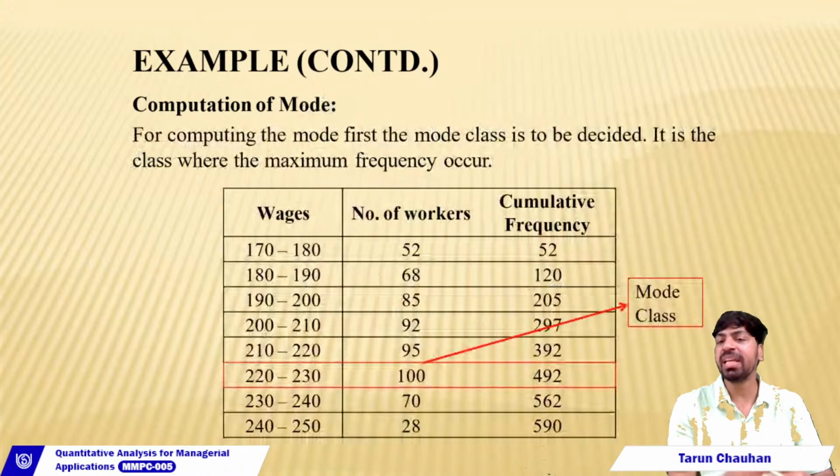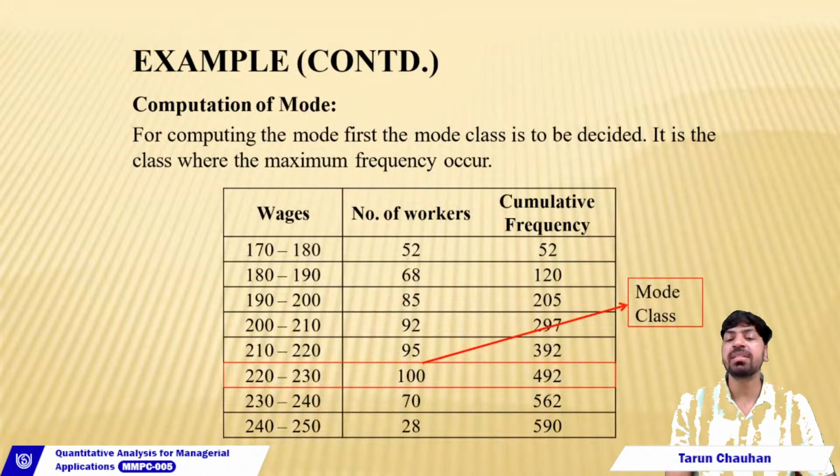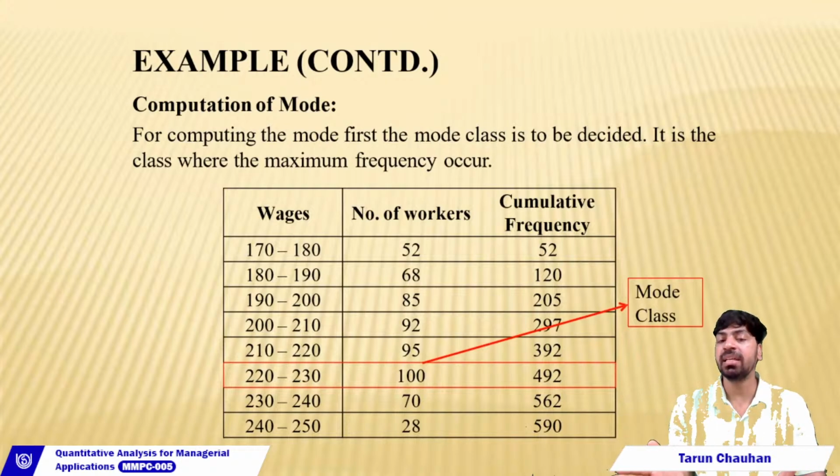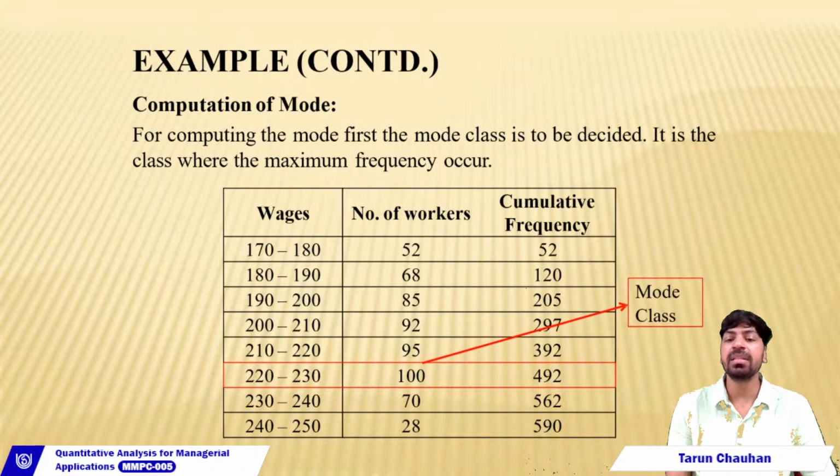This is the mode. Mode is one of the simplest methods to calculate, because it is the class with the maximum frequency. When you look at the question of continuous series, you need to check the frequency, that is the number of workers. Which is the highest frequency? That is 100. So it is the mode class, because the mode class is the one with the highest frequency in the continuous series.